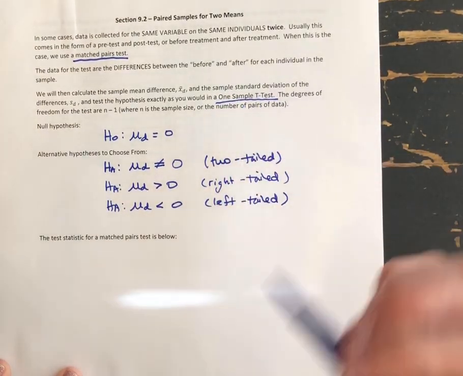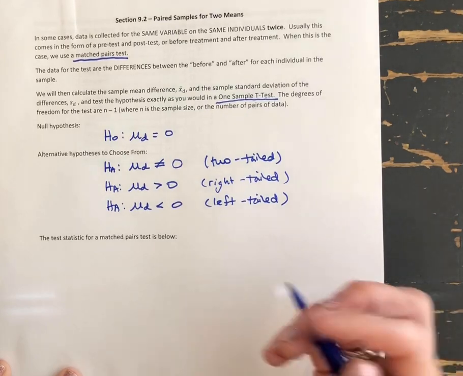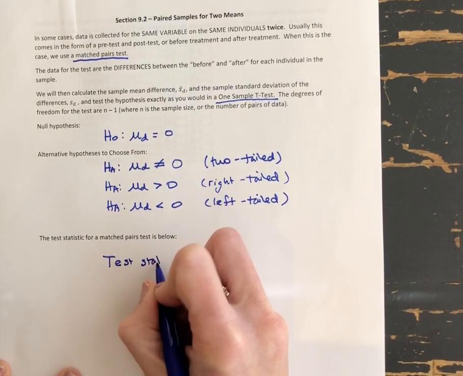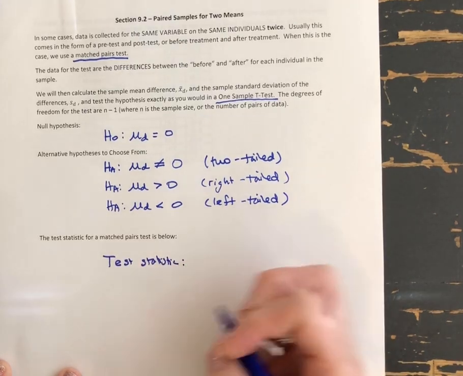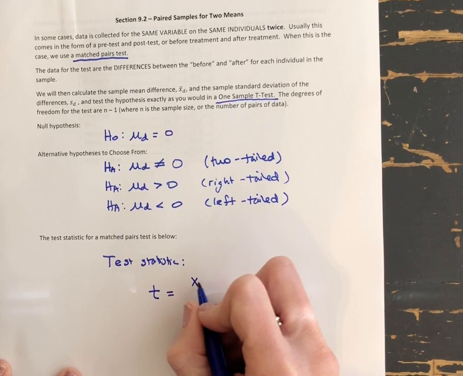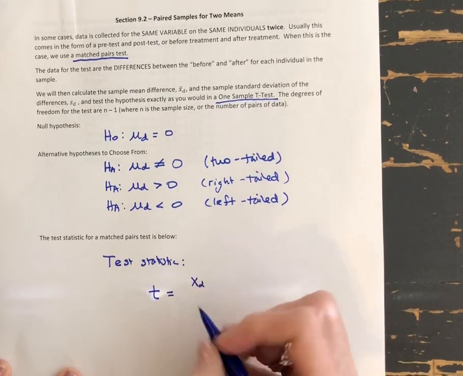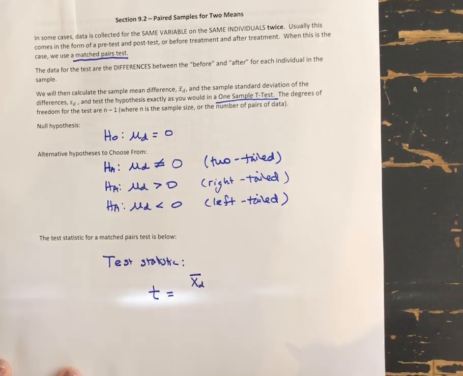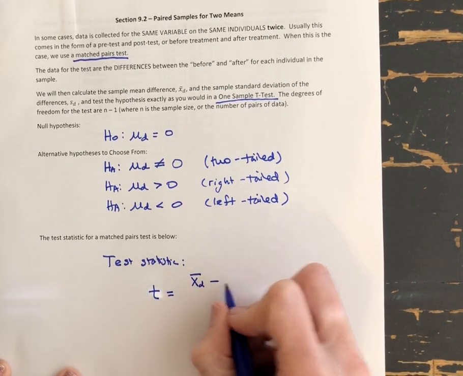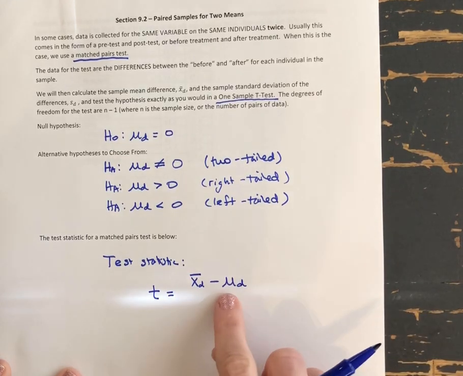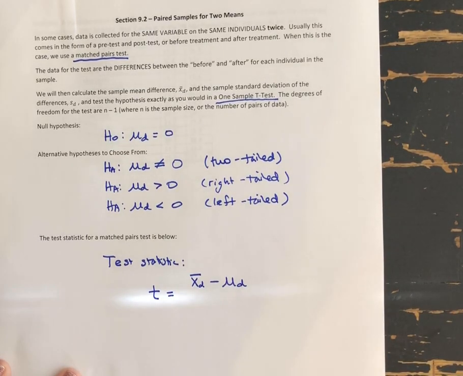I mentioned before, this is just the same as a one sample t-test. So our test statistic is going to be a t-test statistic where we're looking at all of the differences for each individual, and then we're going to take the mean of those. And we're going to look at that difference compared to the mean difference that we're expecting.